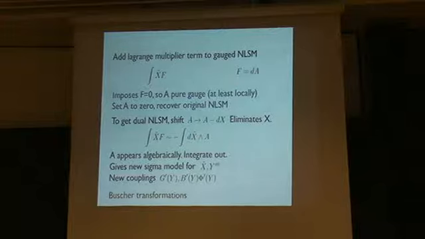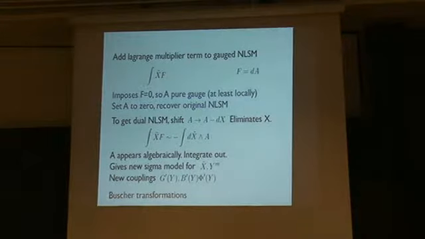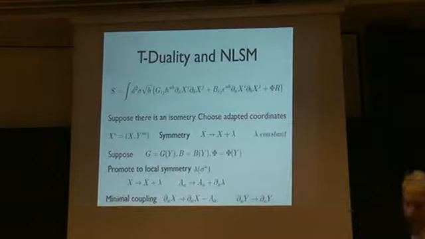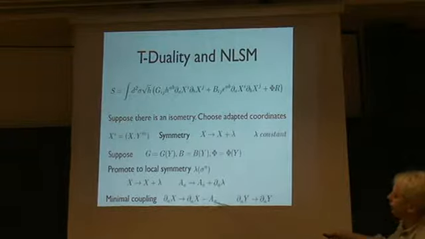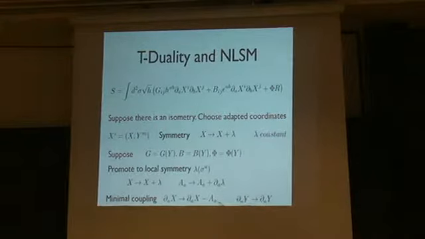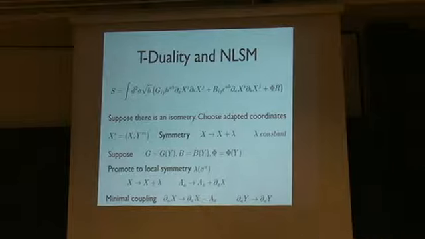On the other hand, we could get a dual sigma model by doing things in a different order. A and x only occur through this combination of grad x minus A. So A is an independent field, so we can shift A by grad x to absorb all the dependence on x in this Lagrangian completely.